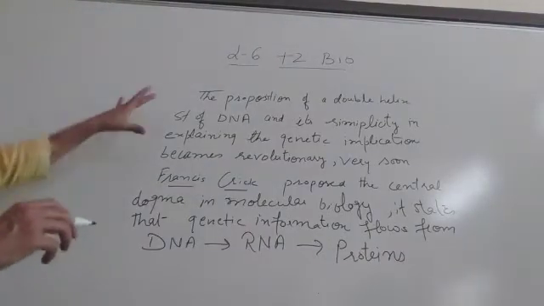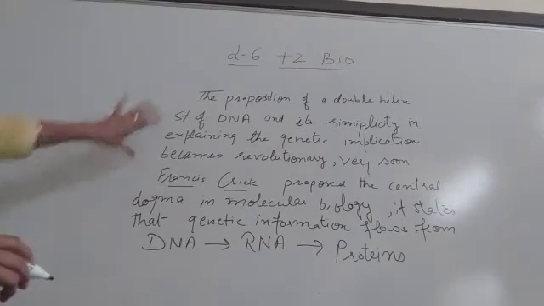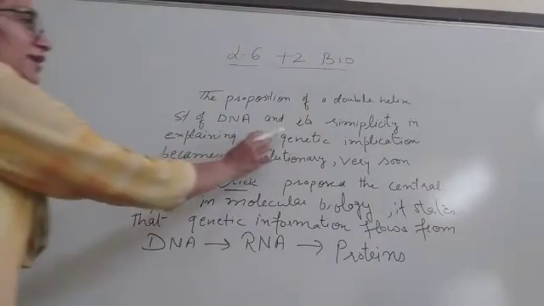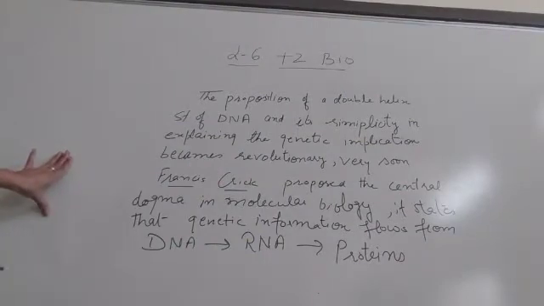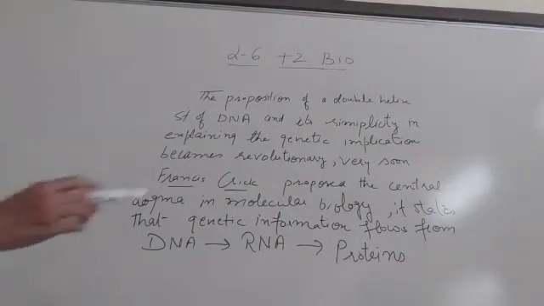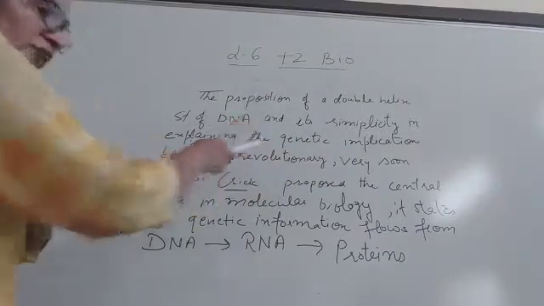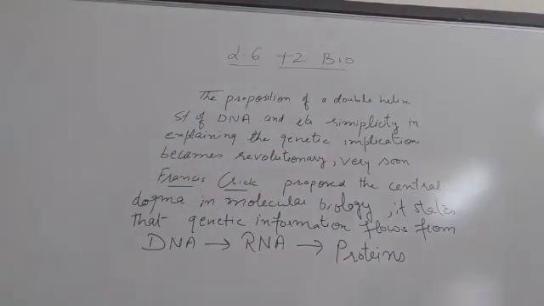Now, the proposition of the double helix structure of DNA and its simplicity in explaining the genetic implications became revolutionary. After explaining the DNA structure, it was a great revolution in science.